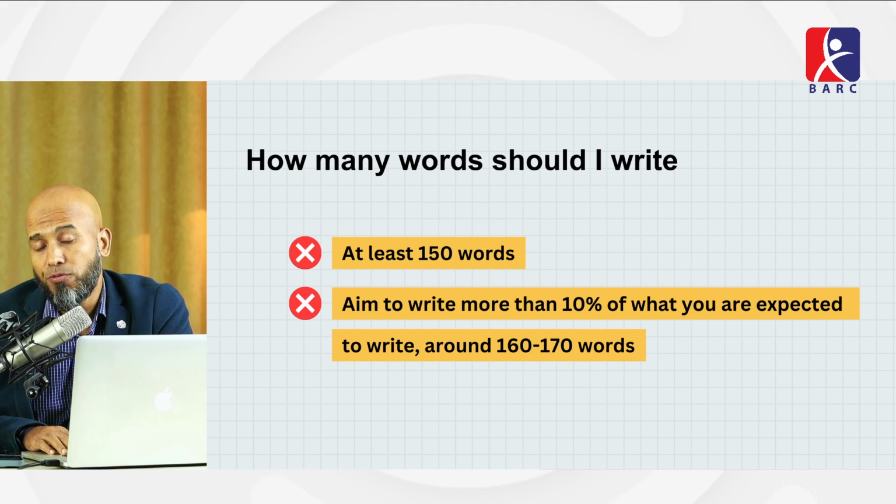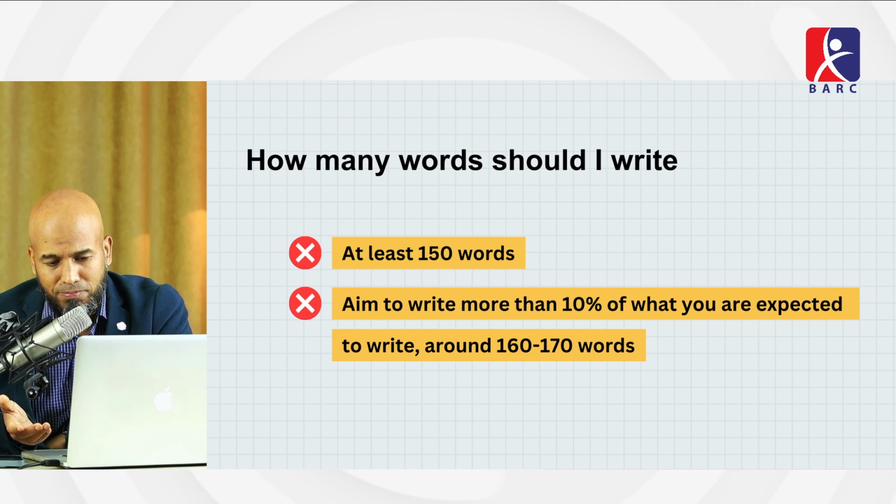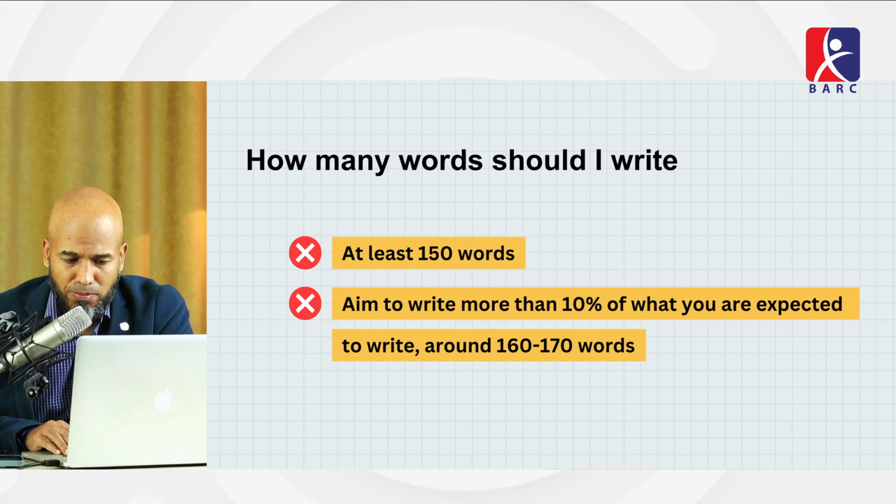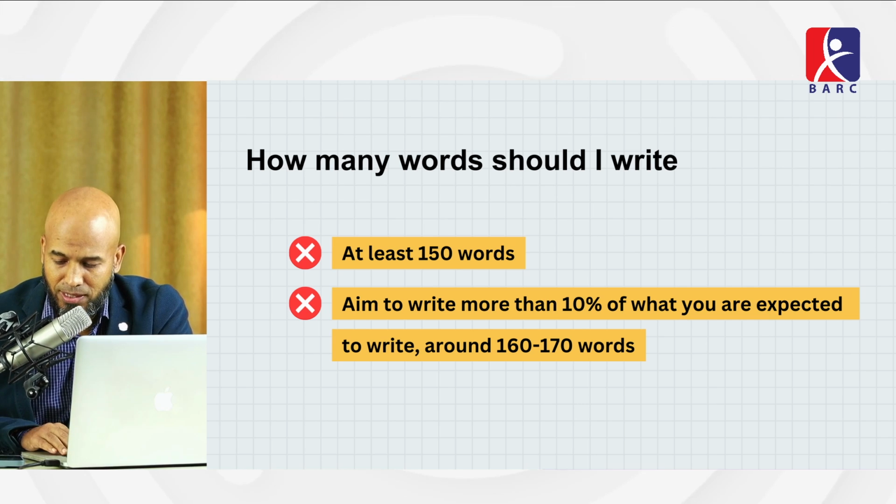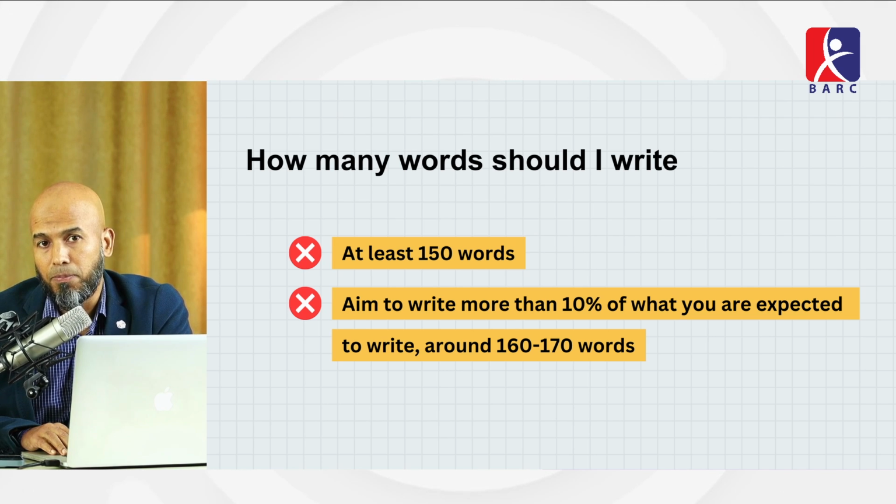And there is one problem. If you write less than 150, you're unlikely to get more than band 5. If it is less than 150, there is less chance to get 6.